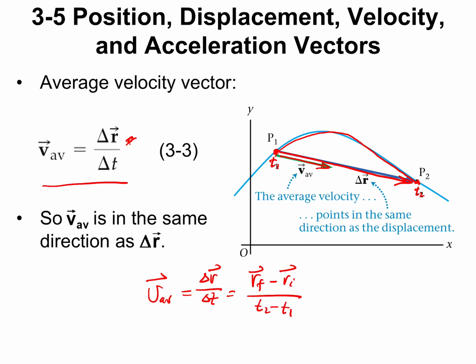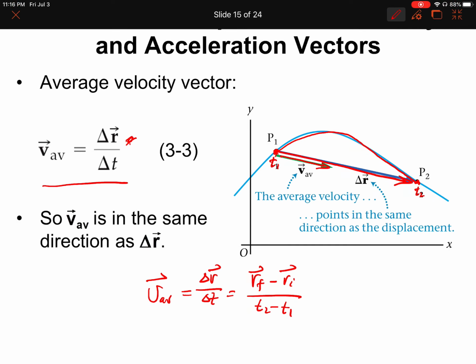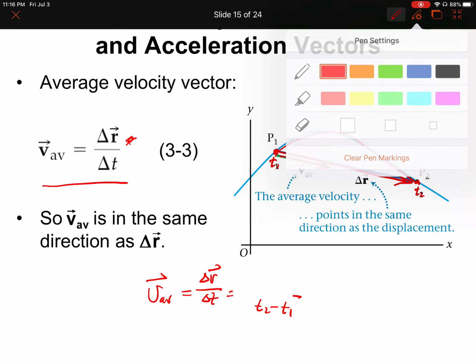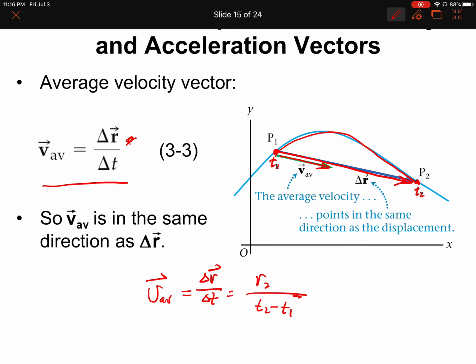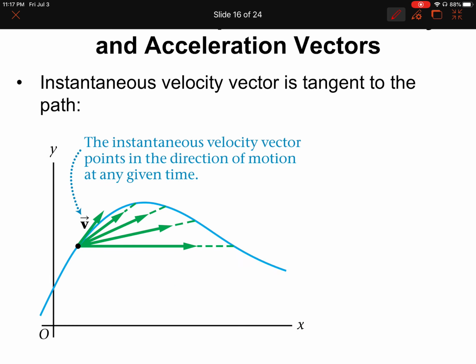Well, actually, let's use R2 minus R1, or P2 minus P1, doesn't matter. So this is the displacement over time. The magnitude will be different, however the direction of the average velocity will be the same as the direction of displacement.